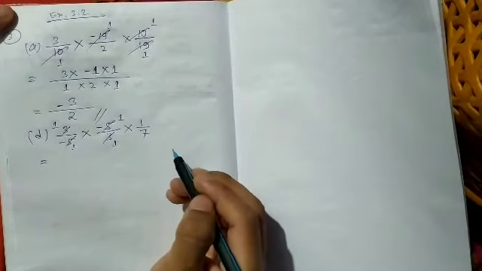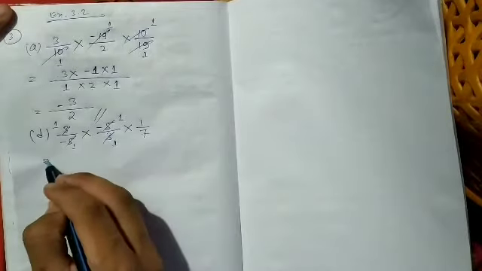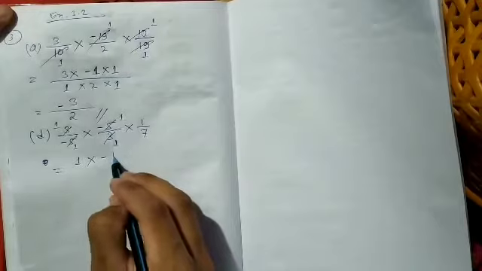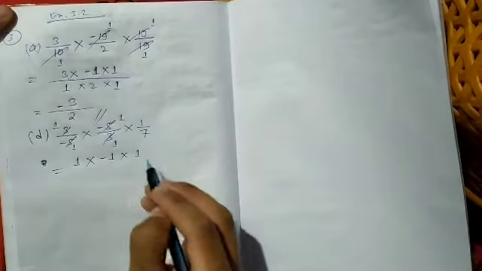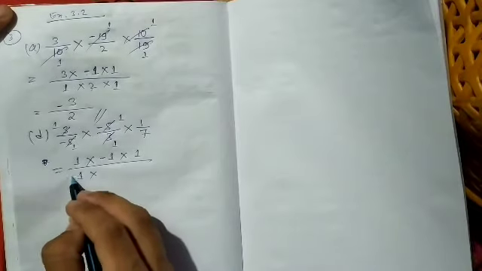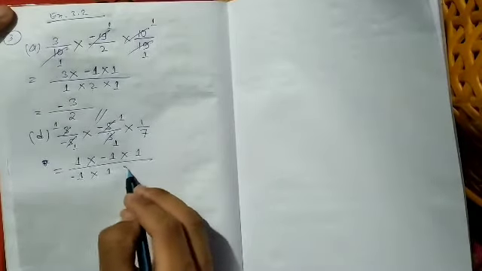Next, you have to multiply all the numerators. What is the numerator here? 1 into minus 1 into 1, divided by, sorry, it is minus 1 into 1 into 7, right?